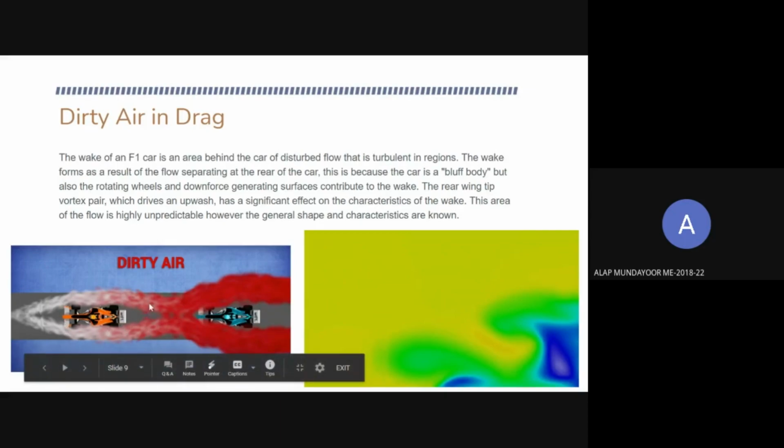As you can see, there's a very high pressure region just behind the first car, due to which the second car just behind has to undergo a great resistive force. This is called the dirty air phenomenon in drag. It is a highly unpredictable flow, and this is overcompensated by the design and structure of the F1 car.